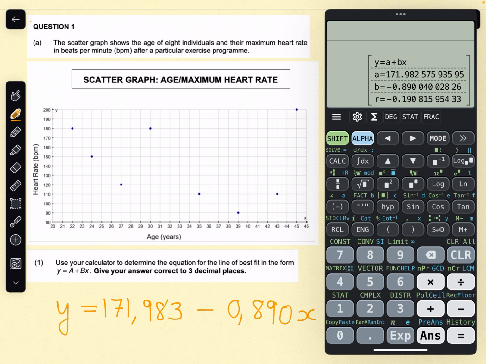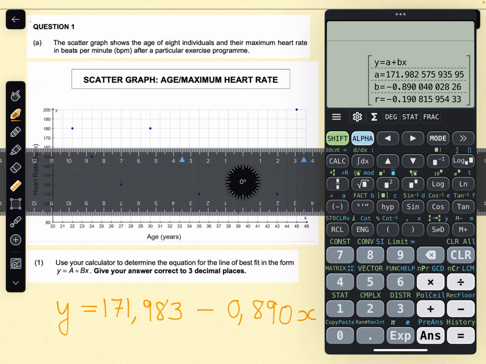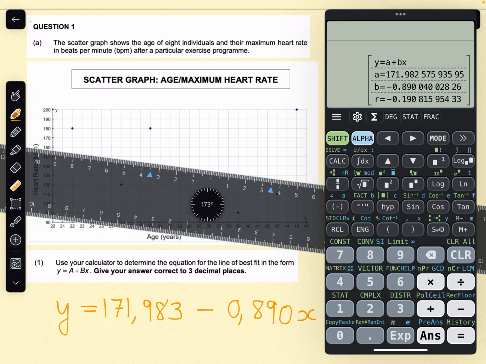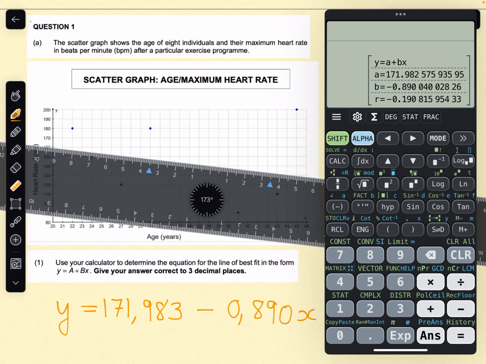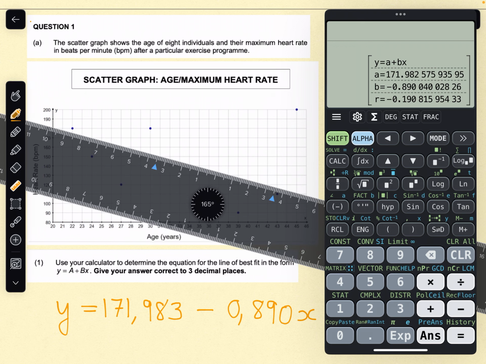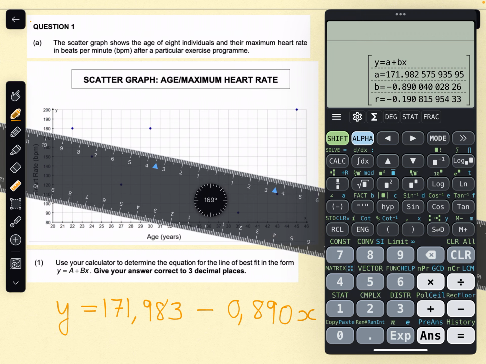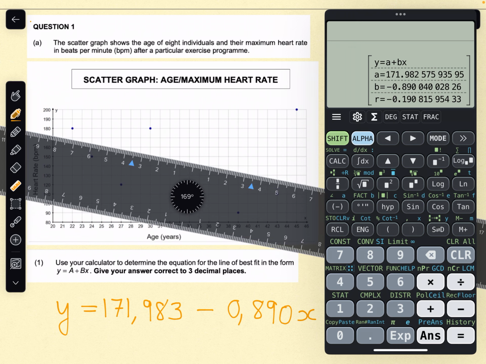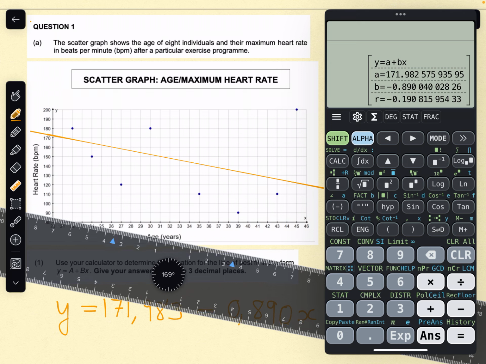And mind you, my prediction of how the line was going to look was wrong. Our gradient is negative 0.89, so something close to negative 1. And it's crossing the y-axis somewhere over there, so that's what our line would look like, maybe. Just as a very rough guesstimate.